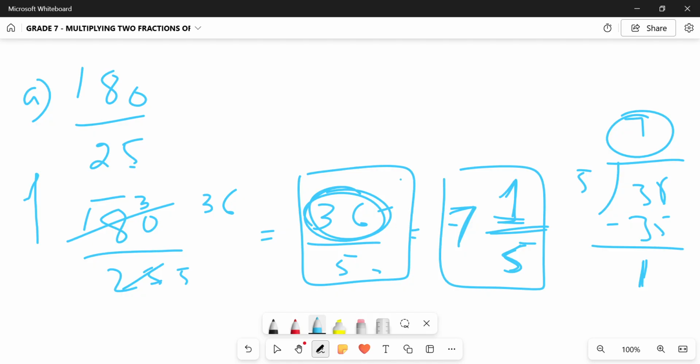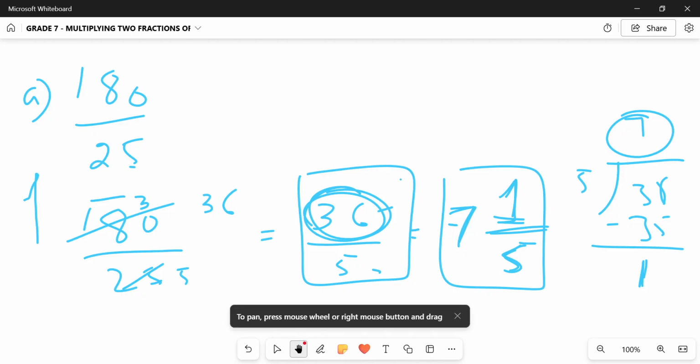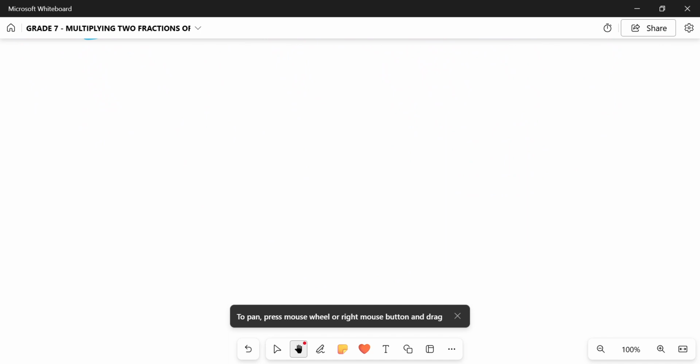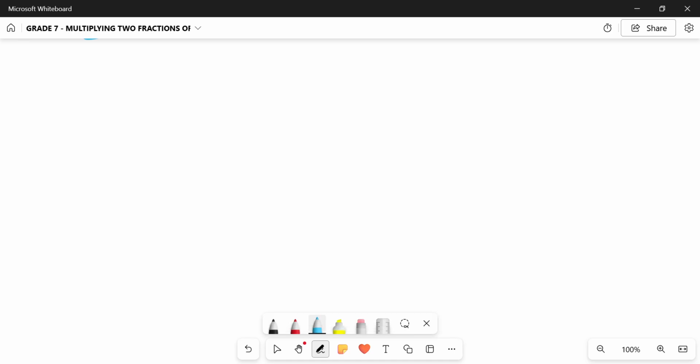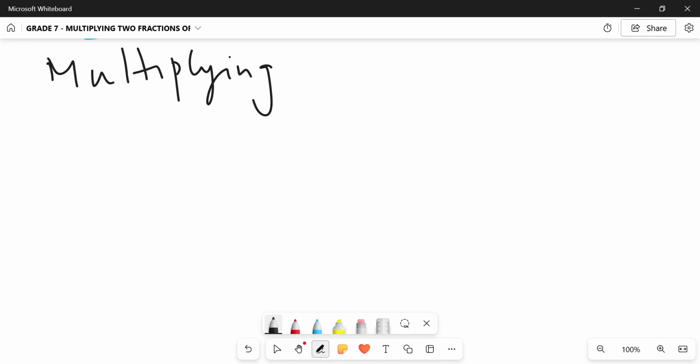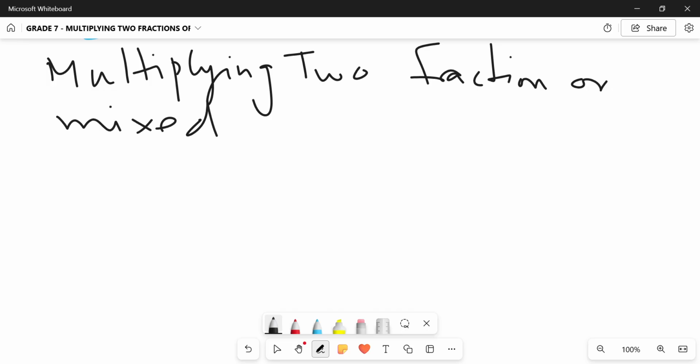Now the topic is multiplying two fractions or mixed numbers. So this is going to be your index, right?